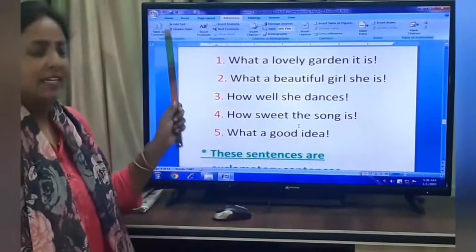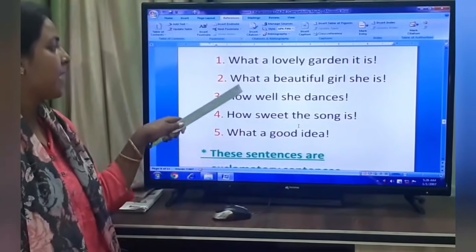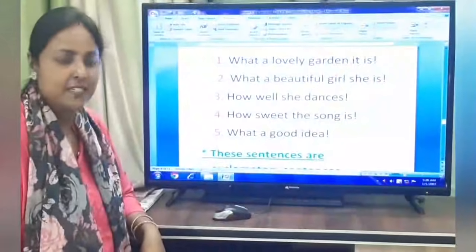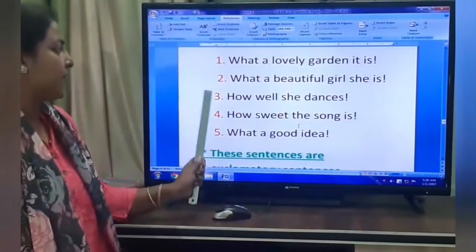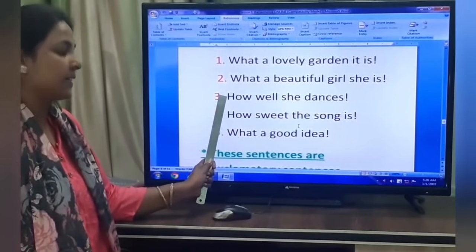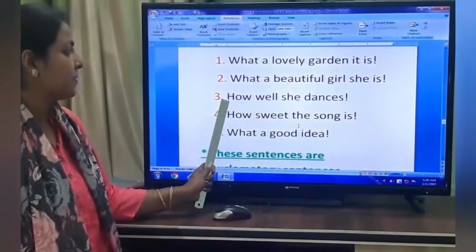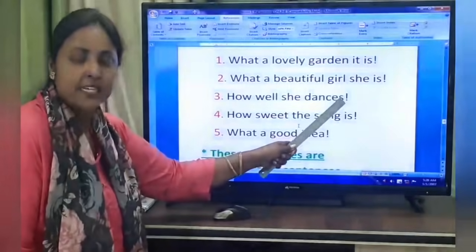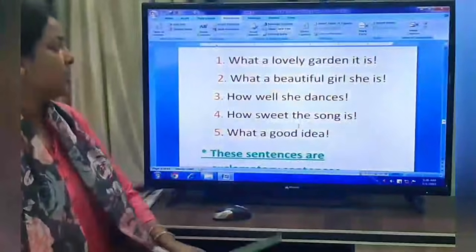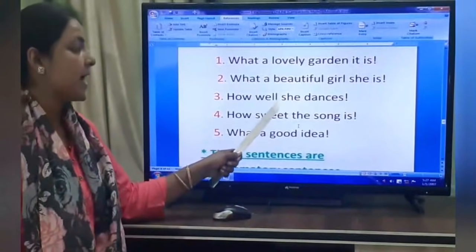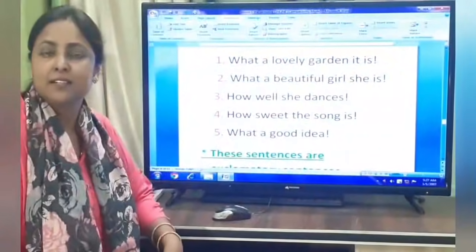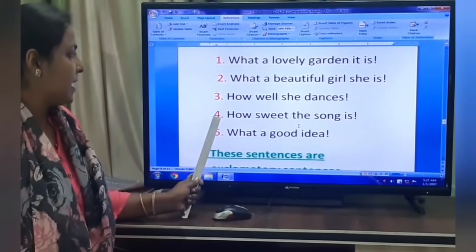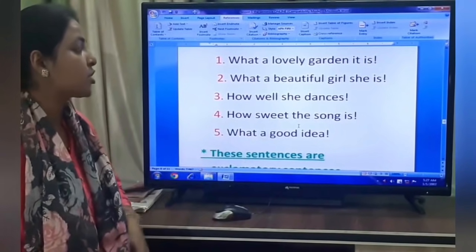Now the third sentence is, how well she dances. The first letter is written with the capital letter and the end of the sentence is written with the exclamation mark. So the sentence is exclamatory sentence. Next example is, how sweet the song is.